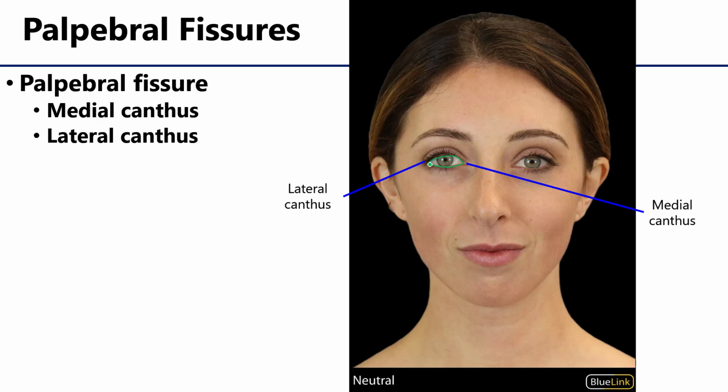We call them canthi, or angles. There is a medial canthus and a lateral canthus of the eyes. We'll discuss later the process of lacrimation or tear formation and how those tears move across the eye and drain toward the medial canthus of the eye.